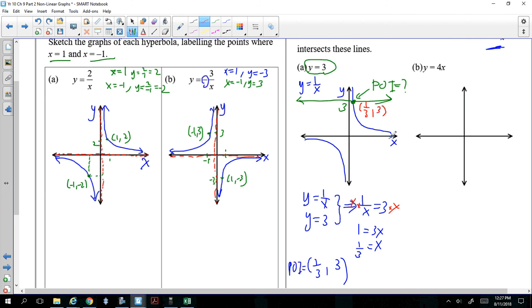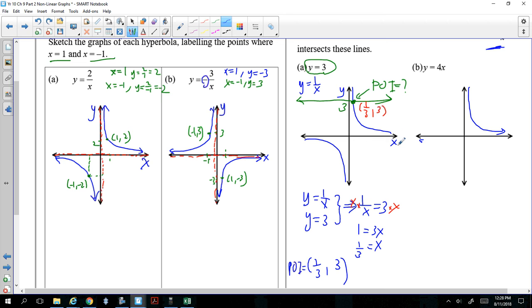Okay, so let's draw the hyperbola again. Okay, that's drawn. And then you draw the line y equal to 4x. Let's try again, sorry. Just the arrows too big.